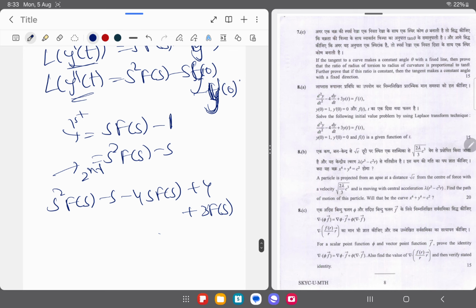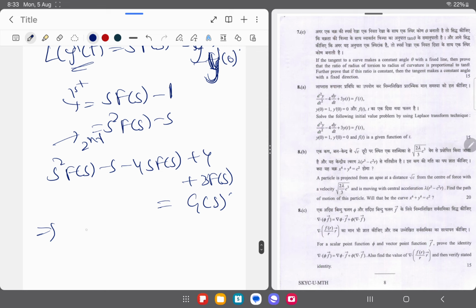plus 3 into f of s is equal to, so Laplace of f of t is, say, g of s, right? So this implies f of s into s square minus 4s plus 3 plus 4 minus s is equal to g of s, right?